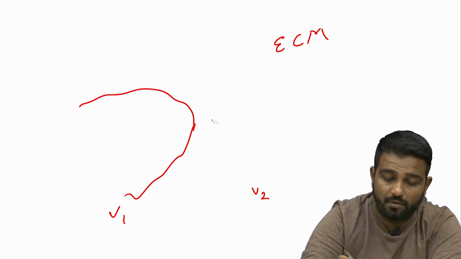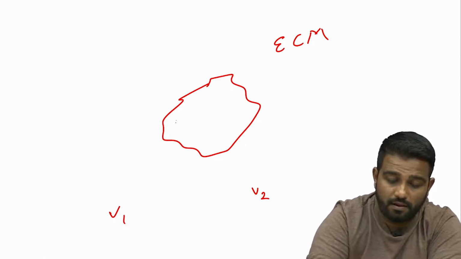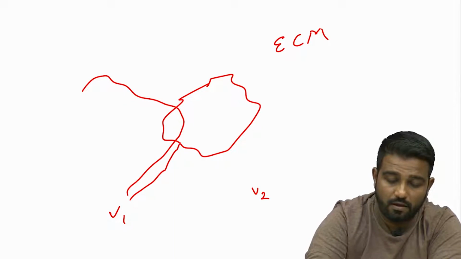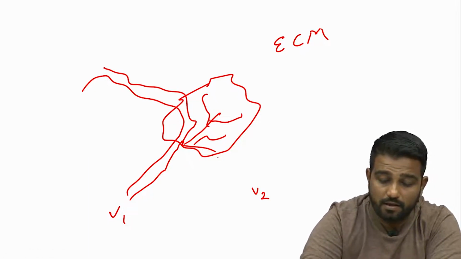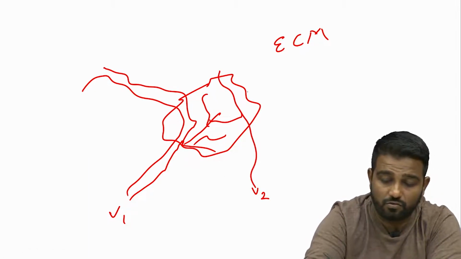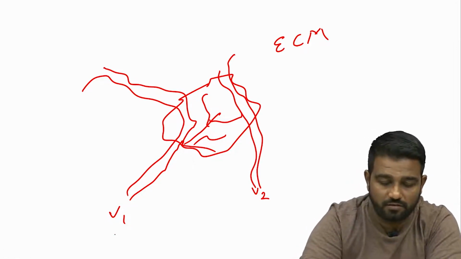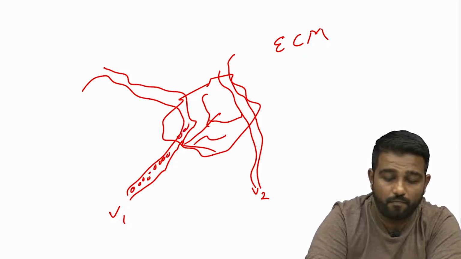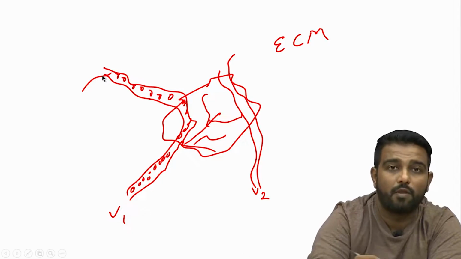Just let me quickly draw it again. This is a cell, and then formation of vessels, right, and then from vessels there are a lot of capillaries, right. Same thing happens on the other vessel 2 and then vessel 3 and so on. These vessels will carry the blood, right.